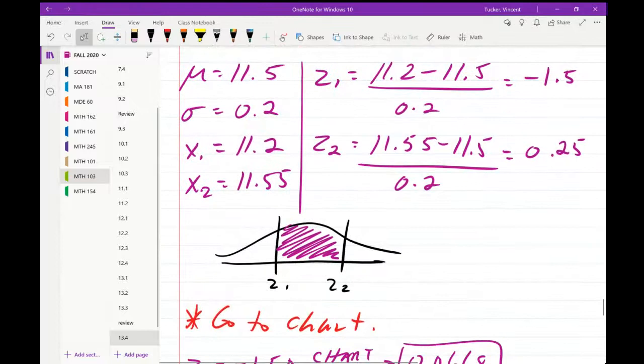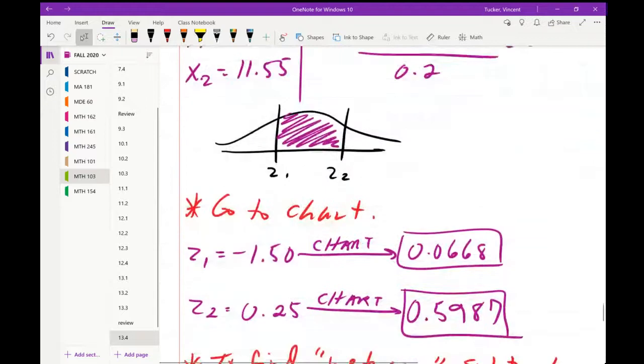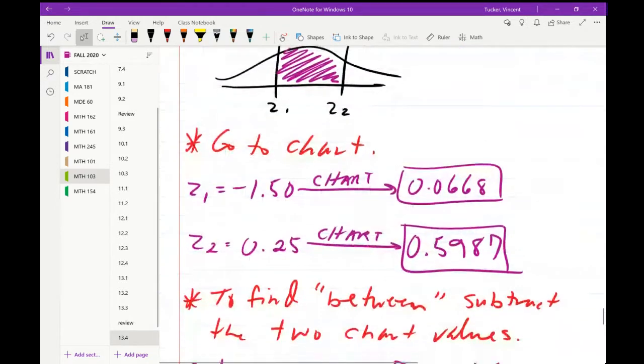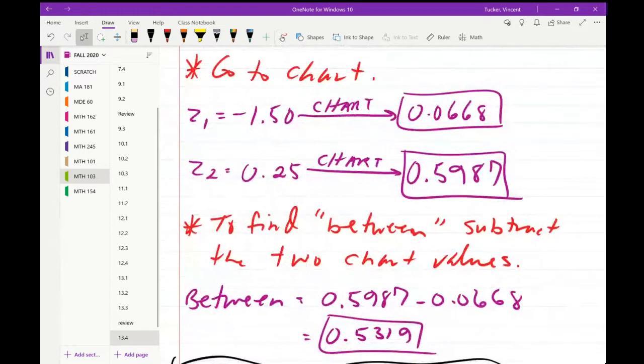So we need the data in between the first z-score and the second z-score. That's what we're looking for. Go to the chart for each one of them individually. You get 0.0668 for the first one, and then 0.5987 for the second one. So to find between, we'll subtract the two chart values.